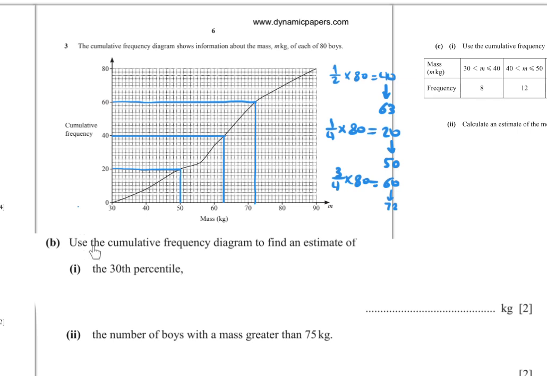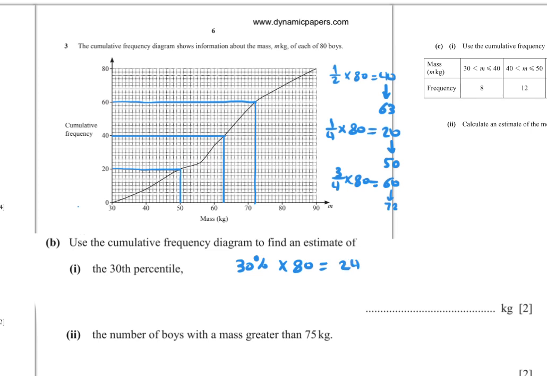Now B. Use the cumulative frequency diagram to find an estimate of the 30th percentile. To find the 30th percentile, multiply 30% by 80. So 30% times 80 equals 24.